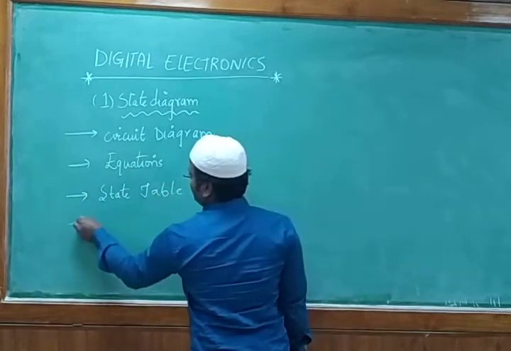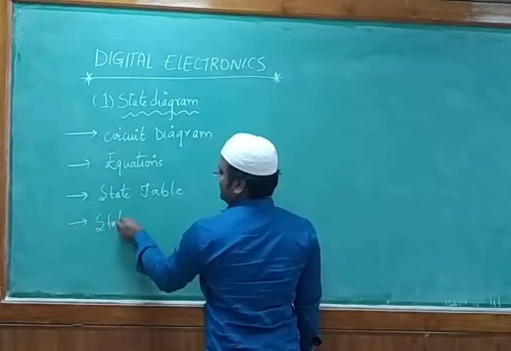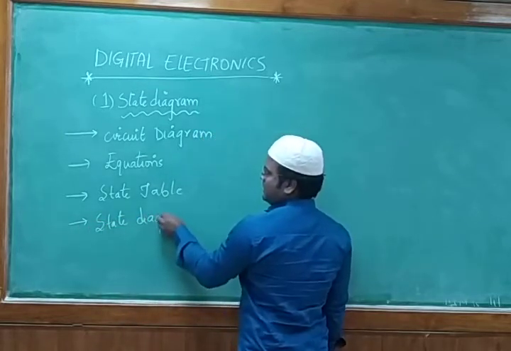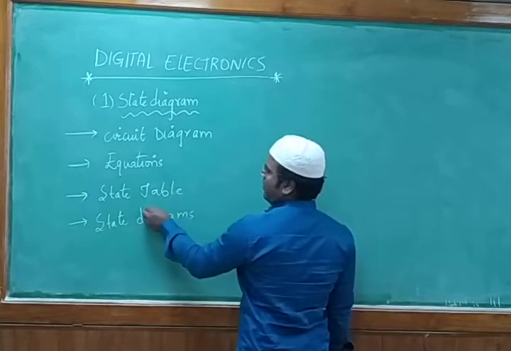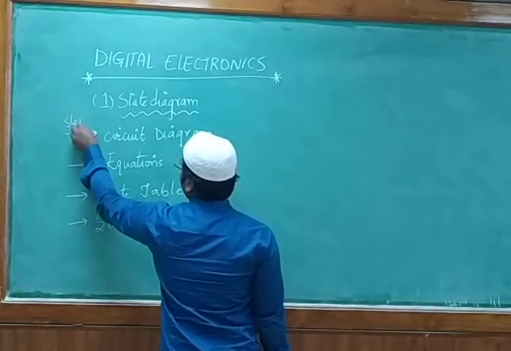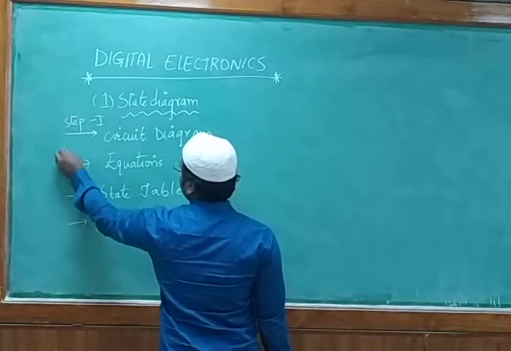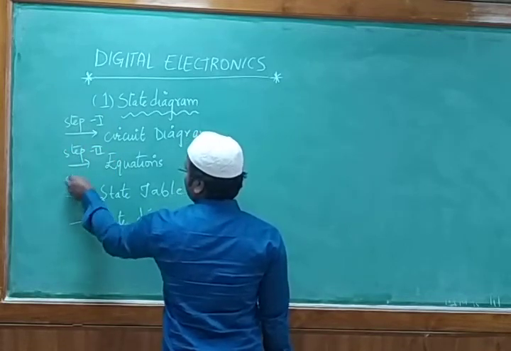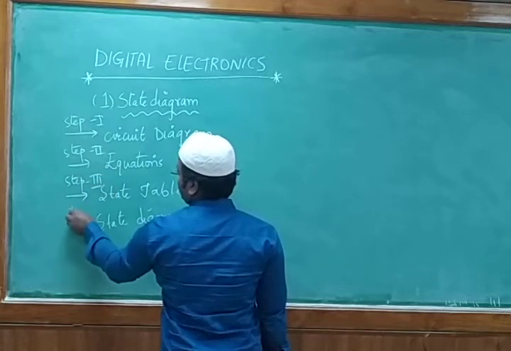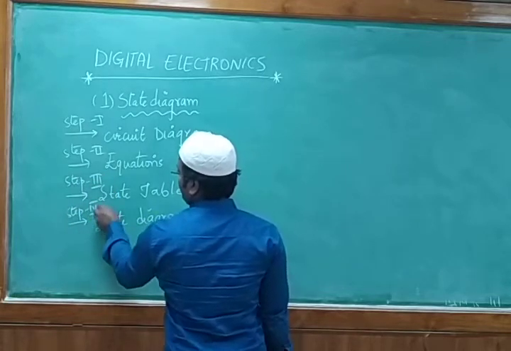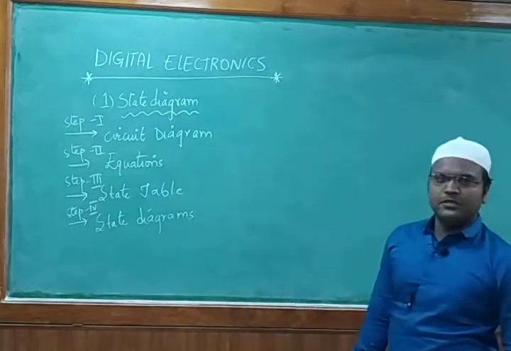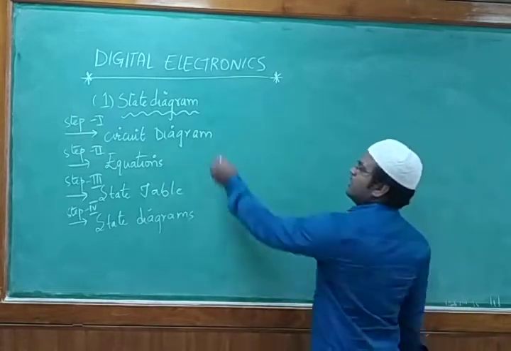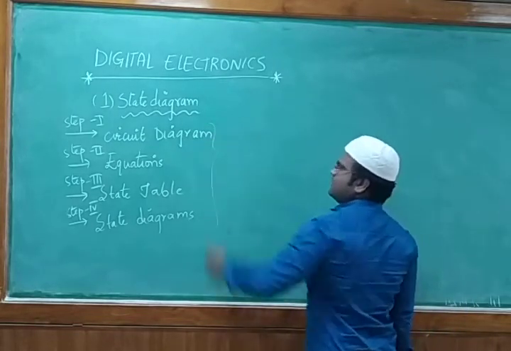After knowing the state table, we can draw the state diagram. So step 1 is for circuitry, step 2 is for equation, step 3 is for state table, and step 4 is for state diagram. These are the steps to reach state diagrams.